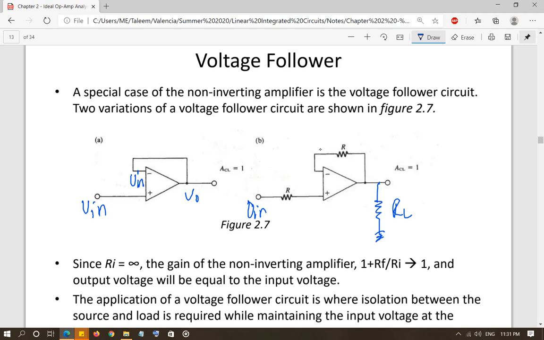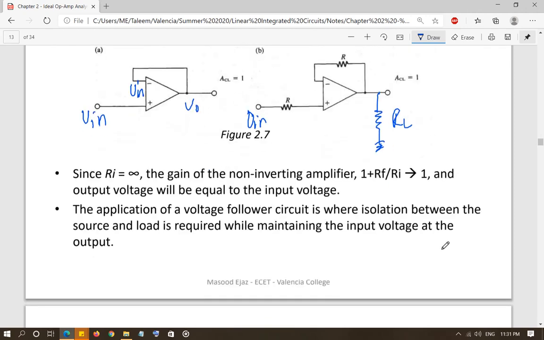Because sometimes when you connect the load, it can load down the source and the source voltage goes down. So if you have this type of amplifier, then the source voltage is not going to go down with whatever type of load you are connecting at the output of the amplifier. The amplifier will still see the same input voltage, but it's not going to load down the input voltage. Okay, it's given over here.